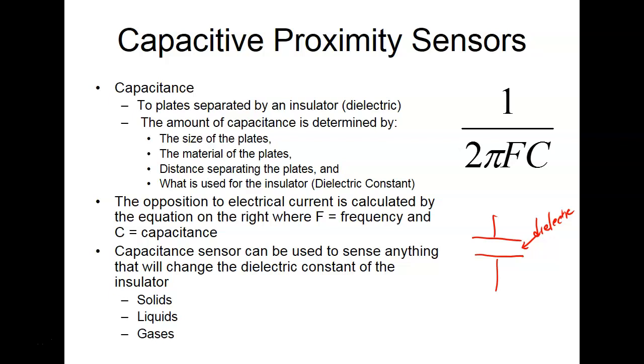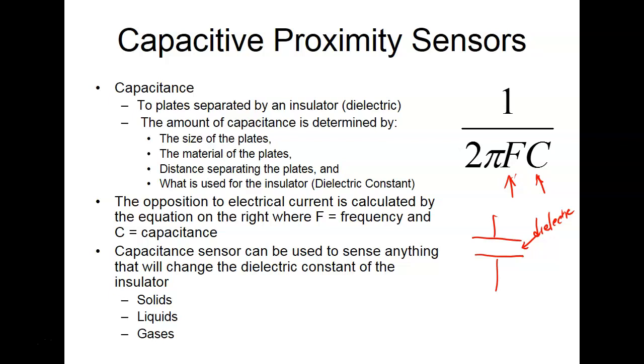Even though we get DC out of them, the actual sensing element operates on AC. This is determined by the manufacturer. It's usually a pretty high frequency to make the size of the capacitance pretty small. So F is frequency, C is capacitance. It's determined by the size of the plate, what dielectric we use, and how close we can get the plates together.